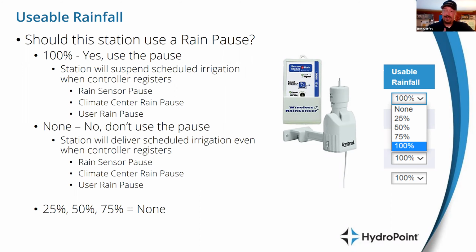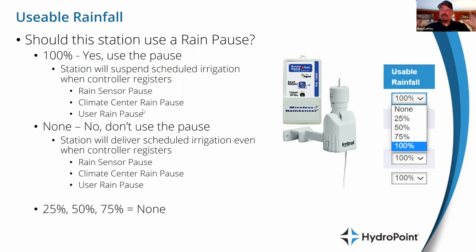However, we have a great ability to ignore that in certain applications, right? I see this often if you have a station that's not going to receive water from the sky, if it's in a greenhouse or under an underpass, and one station is going to stay dry even if it rains, we want that station to irrigate anyway. So we switch from usable rainfall 100% to usable rainfall none.